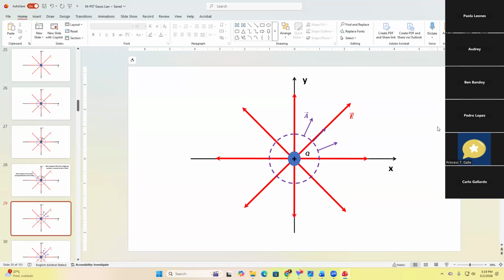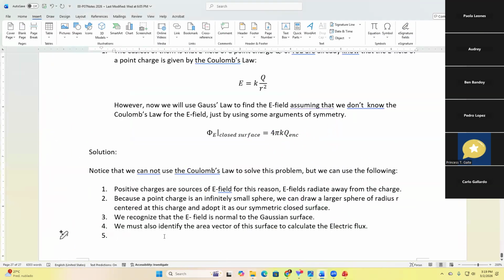So here you go. The area vector is going to also be normal to the surface, but it will also point away from the curved surface. This area vector, just like the E field, is also normal to the surface and points away from the center of curvature.